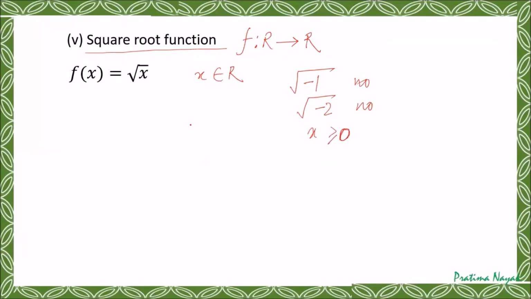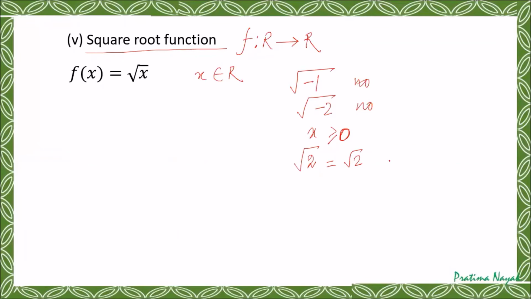So what is the domain? Domain will be real numbers starting from 0. And range is also all positive numbers. It cannot be negative. Square root of 2 is root 2 only. It cannot be minus root 2 when we talk about range.